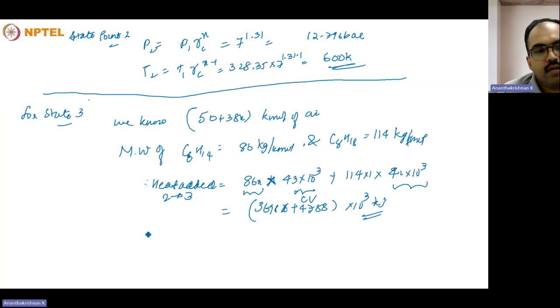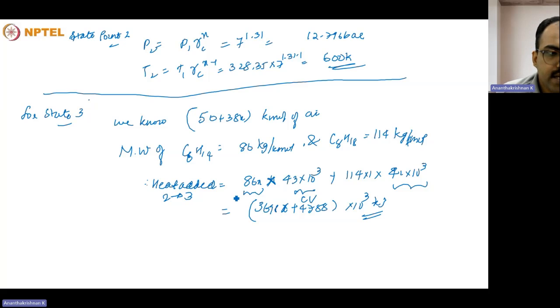Then we determine the temperature T3 after the heat is added. We know the heat added, which will be equal to m Cv delta T, since it is a constant volume heat addition.